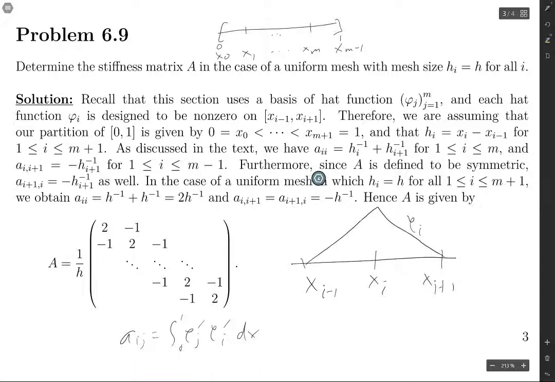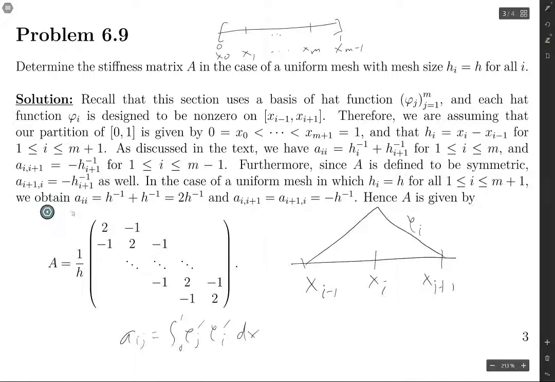Okay, so now what? In that particular example, since all of the intervals have the same length h, it's just minus 1 over h here. So we have this minus 1 over h out front, and then you've got that negative 1 there. Also, A is symmetric, so h_{i+1} and h_i give the same thing, because you just flip them.